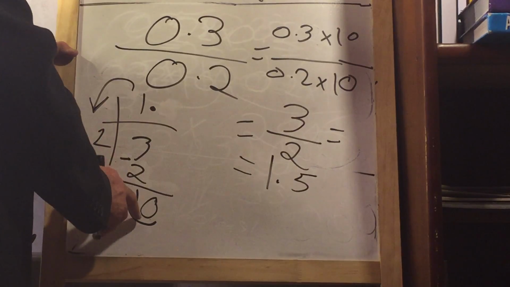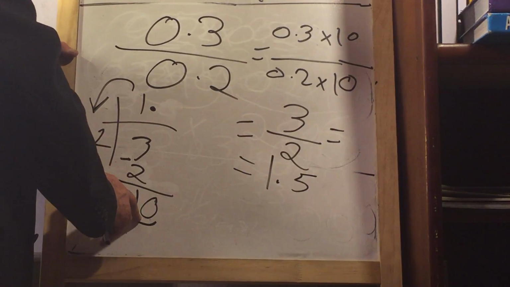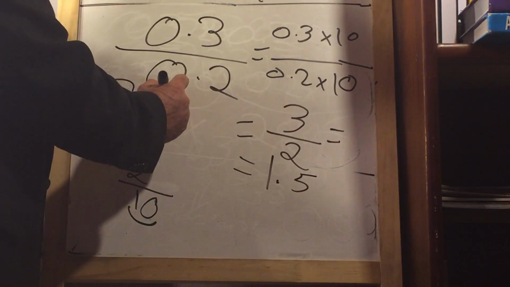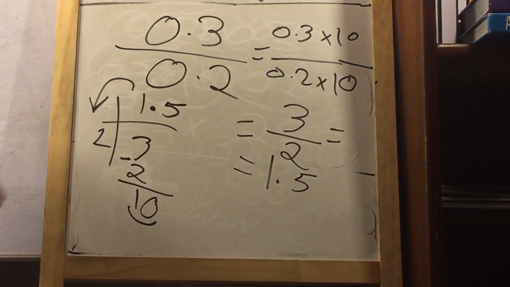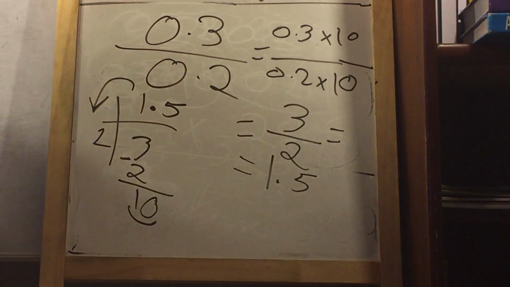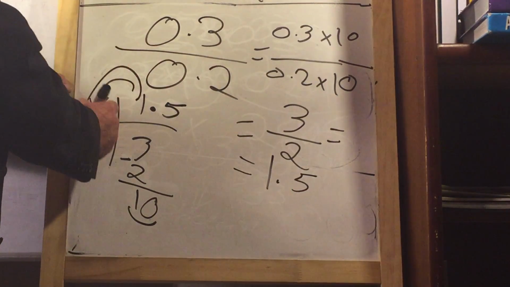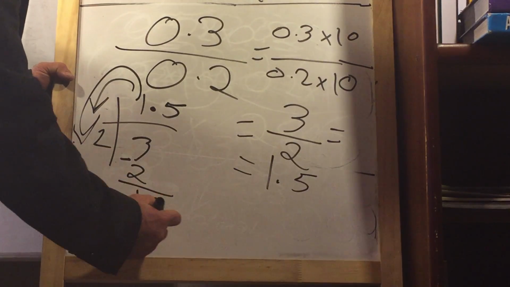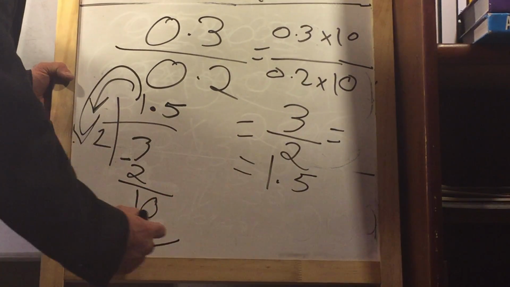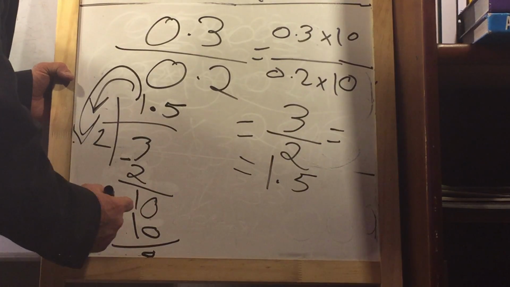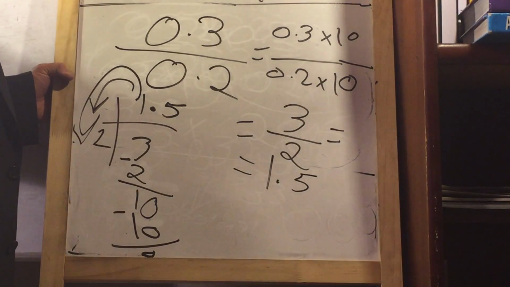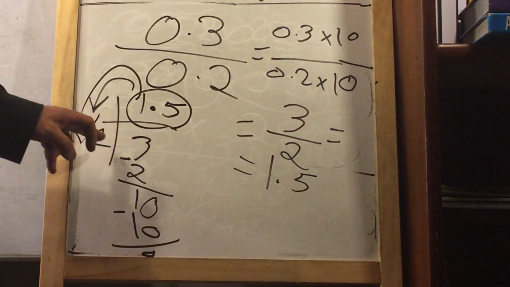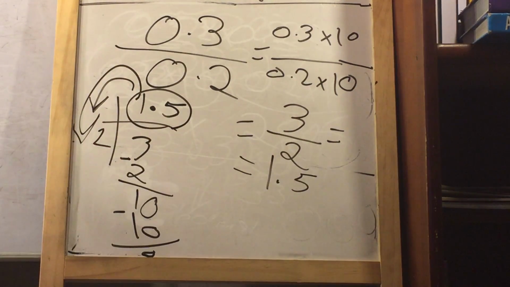How many 2's in 10? There's 5 2's in 10. So now we multiply it back. Remember? 5 times 2 is 10, and the remainder is 0. 10 minus 10 is 0. So what is the answer? 1.5. So 3 divided by 2 is 1.5.